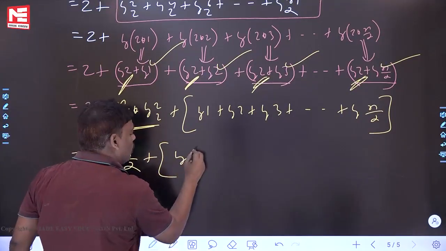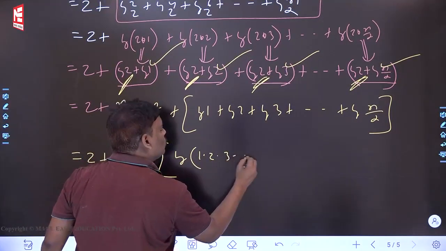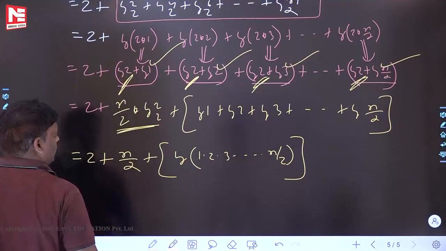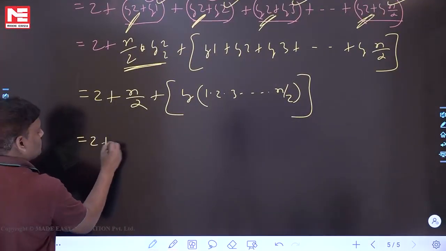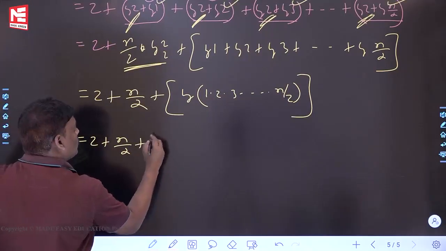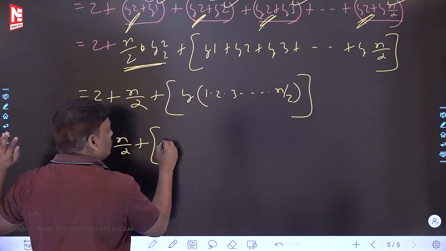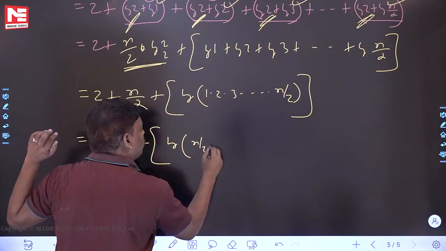This can be written as log of 1 into 2 into 3 and so on up to n by 2. This can be written as 2 plus n by 2 plus, what is the answer? Log 1, log 2, log 3 and so on, log n by 2 is nothing but log of n by 2 factorial.